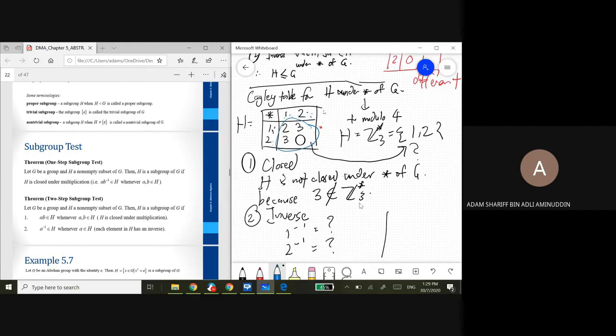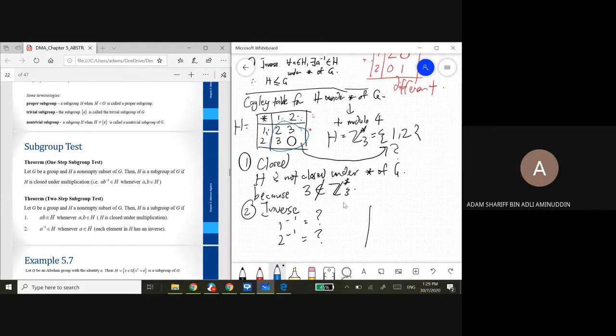As my conclusion right now, I can say that as identity does not exist, inverse also does not exist in H. Cukup.